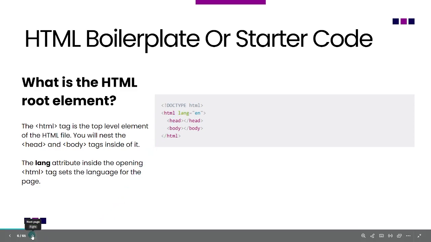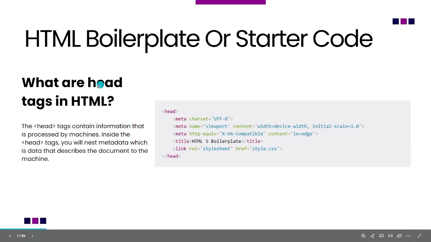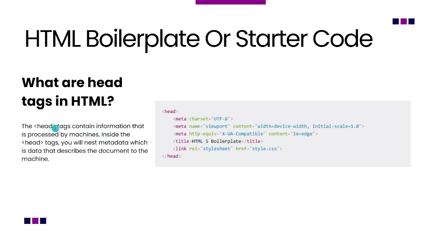The next part of the boilerplate is the head section. And in the head section, there are tags that contain information. We have meta tags here, we have a title, and we also have a link tag. Now this title tag here is whatever you're going to name your website, you're going to put a title in here. And then you have these meta tags.